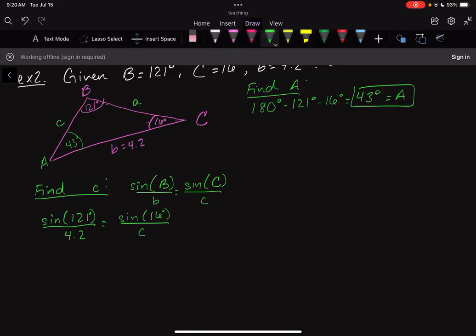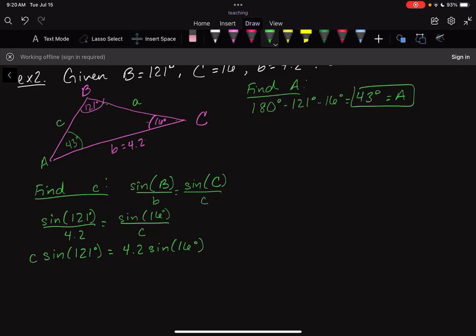And then I'll solve for C. So first thing I do is I cross multiply. So I get C times sine 121 is equal to 4.2 times sine of 16. So I'm just multiplying by those denominators.